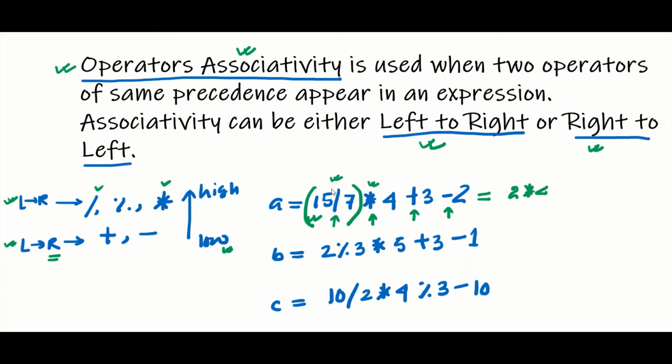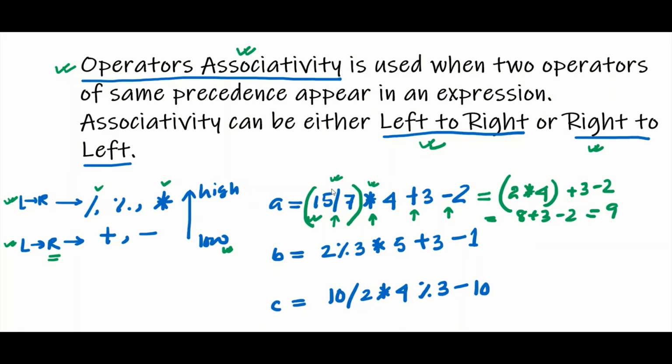Next, this part will be evaluated, and then this. So what is the result? 2 into 4 becomes 8. 8 plus 3 minus 2 will be the result. So 11 minus 2 is 9, which is the result.